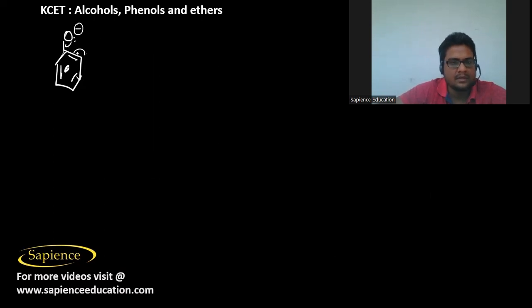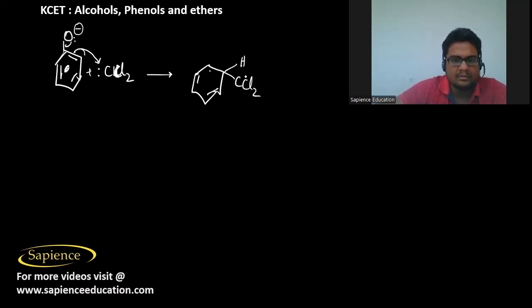So then these pi electrons will attack on the electrophile, which is dichlorocarbene, and then it will produce the CCl2 minus here, and here this is the oxygen.